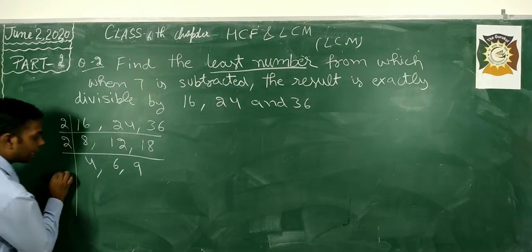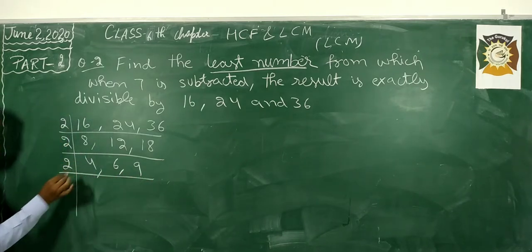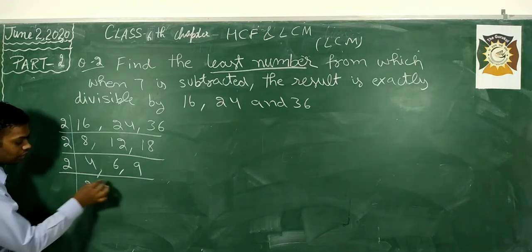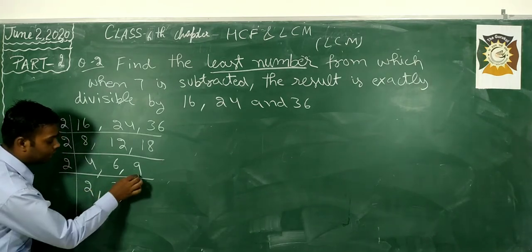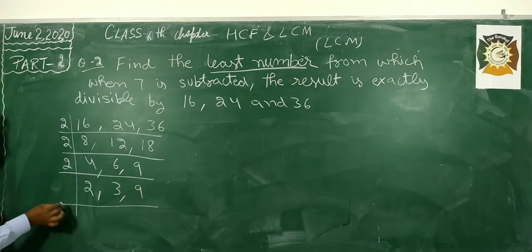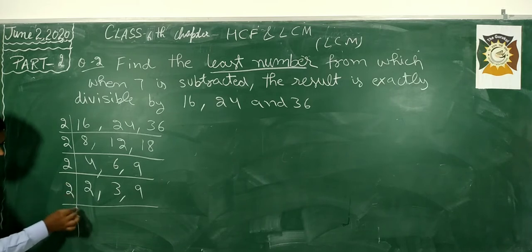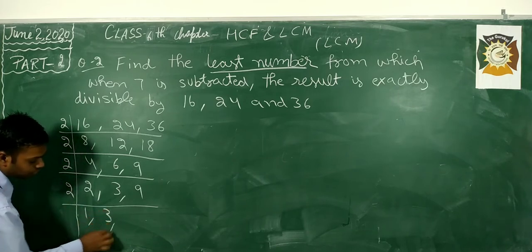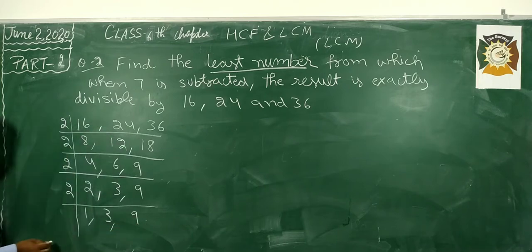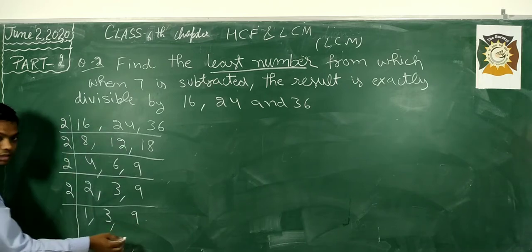Divide again by 2, that is 2, 3 and 9. 9 is not divisible by 2, so we write 9 as it is. Next, divide again by 2: 1, 3, 9. 3 is not divisible by 2, write 3 as it is, and 9 as it is.